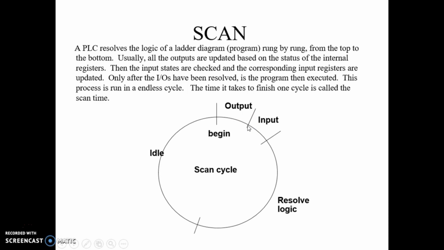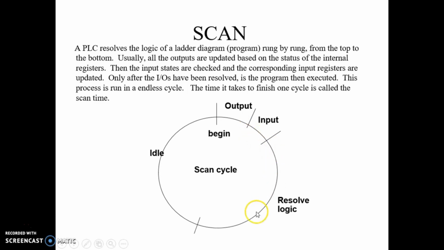It delivers the signals to the field and also creates an output image which is stored in memory as output image. Then after it scans the inputs, all the inputs from the field and creates input image, and it is also stored in the memory as process image for input.